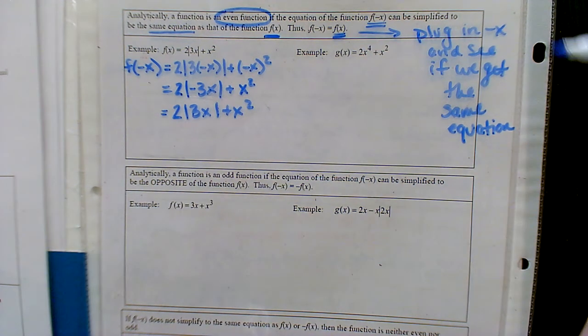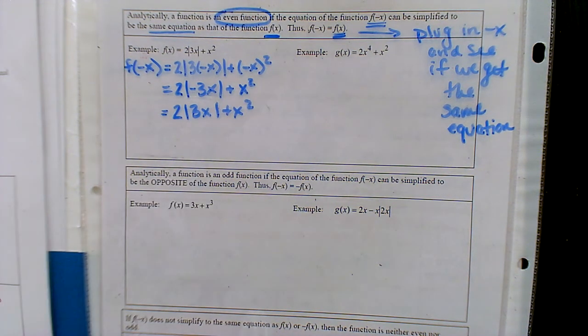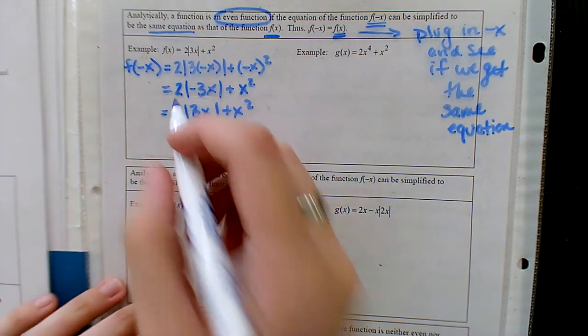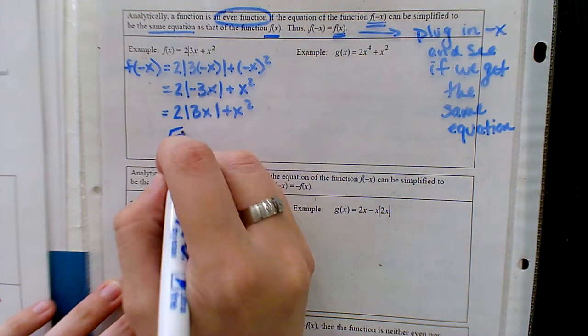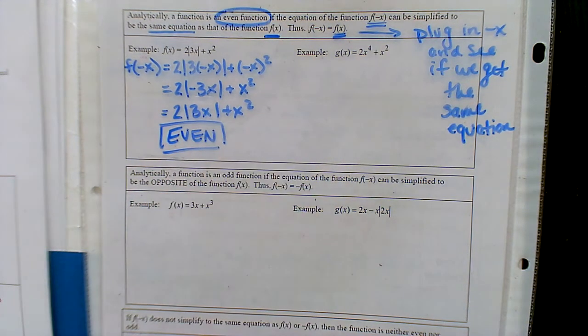Even though we plugged in a negative x, even though we're switching the x value, we're still getting out the same y value, the same function value. So opposite x, same y, that's indicative of a y-axis reflection graph. So therefore, we can classify it as even. No need to write y-axis reflective anymore. You can just write even.